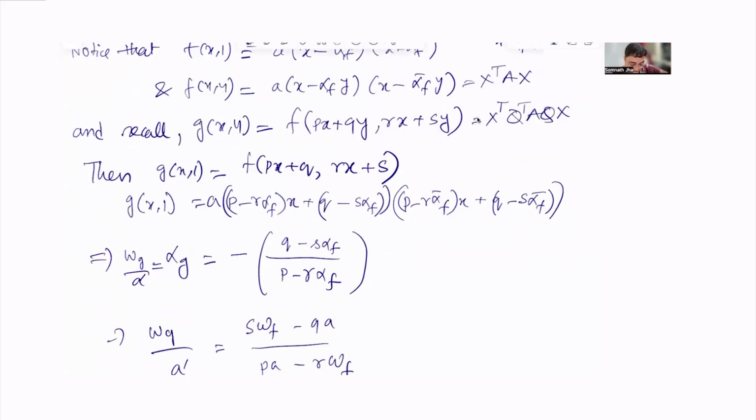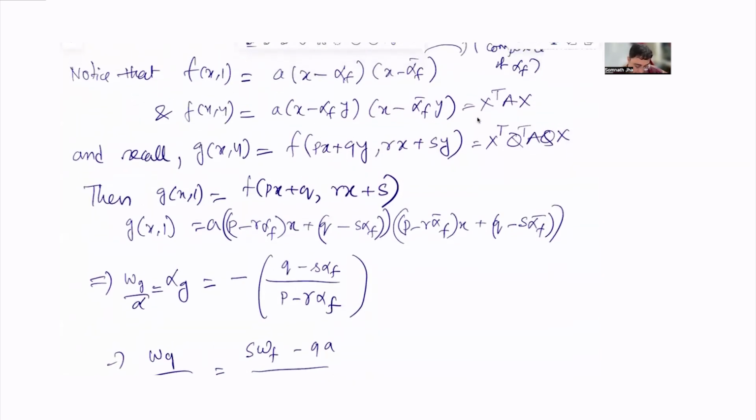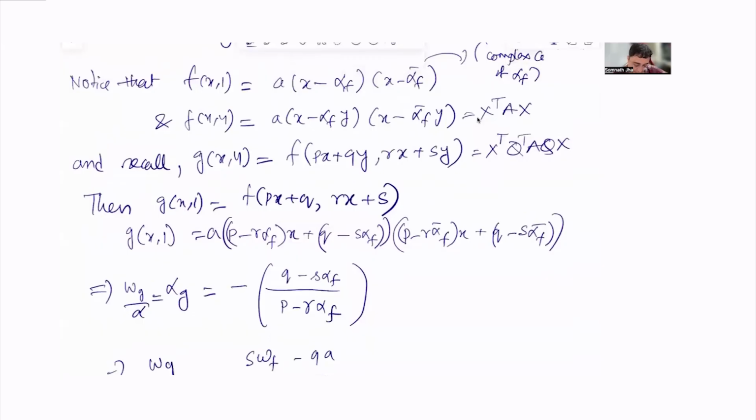That's what it is. So omega g by a, so alpha g. And by definition alpha g will be from here. I'm just writing alpha g, this is the root.